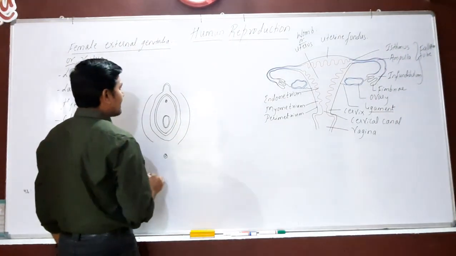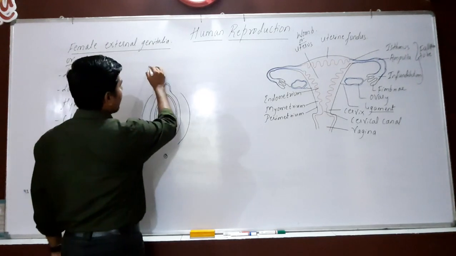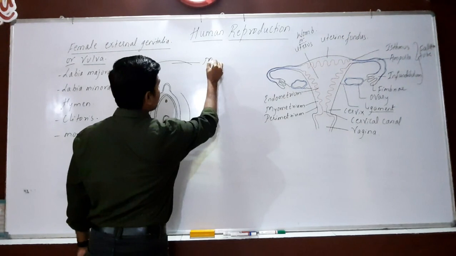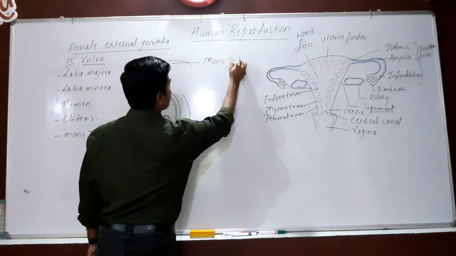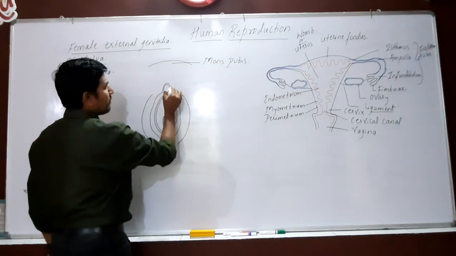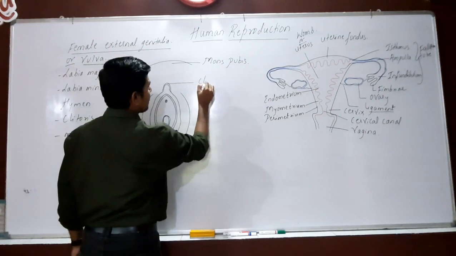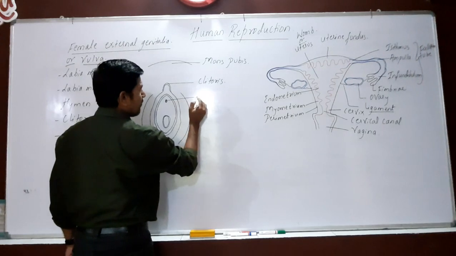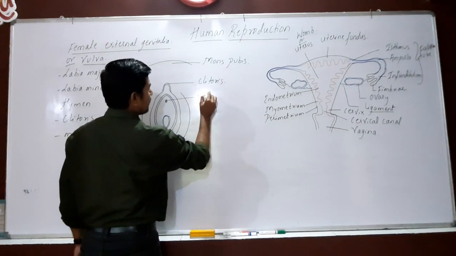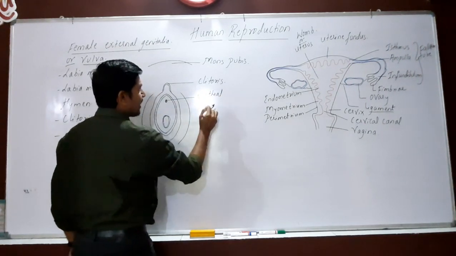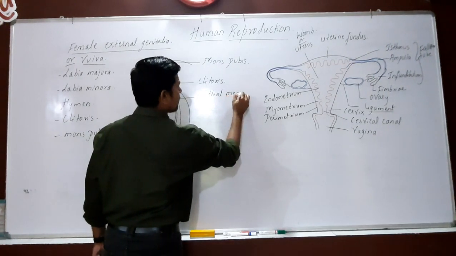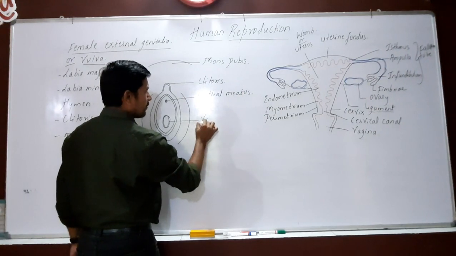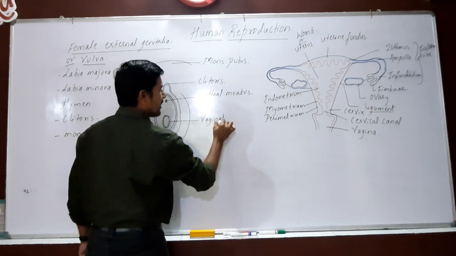Okay, in the female external genitalia, here we have mons pubis. This is the clitoris. This is the urethral meatus. This is the vaginal orifice.